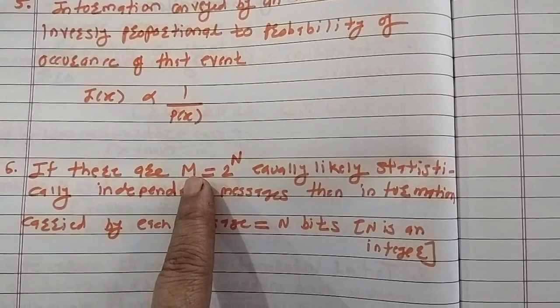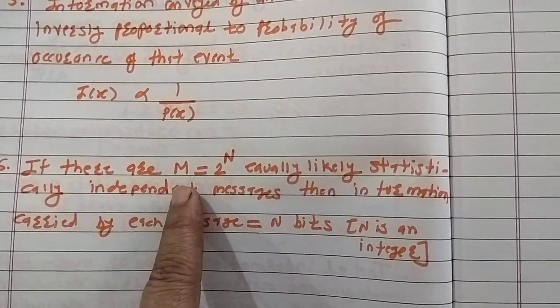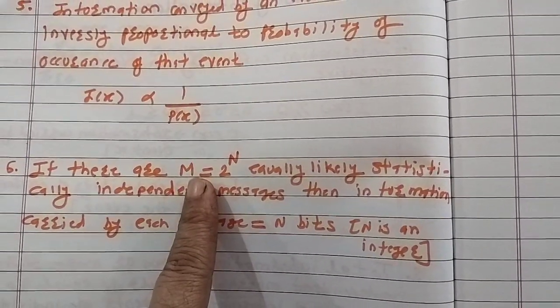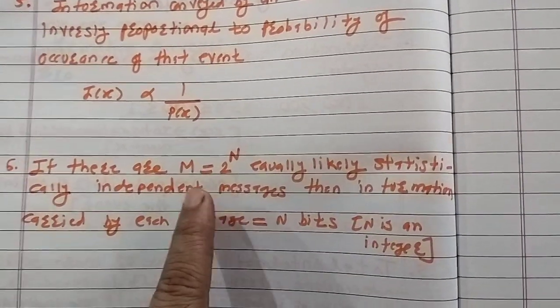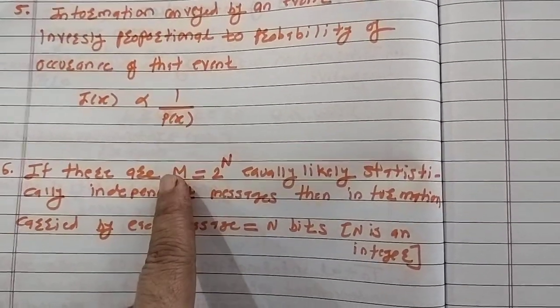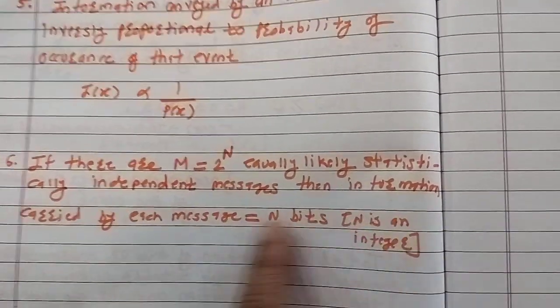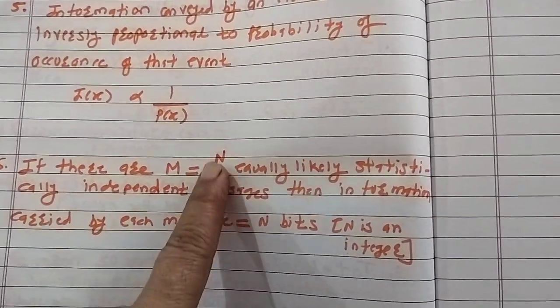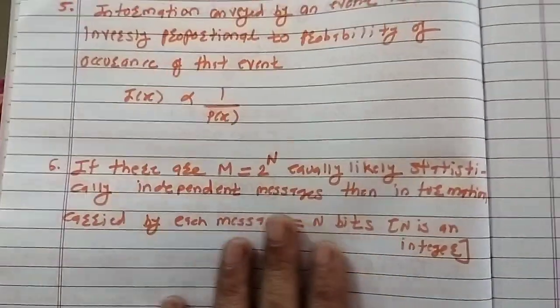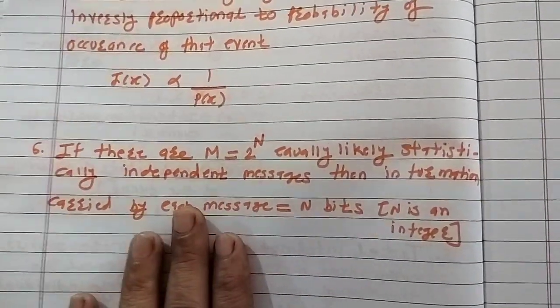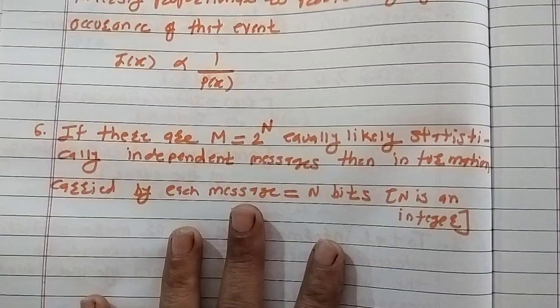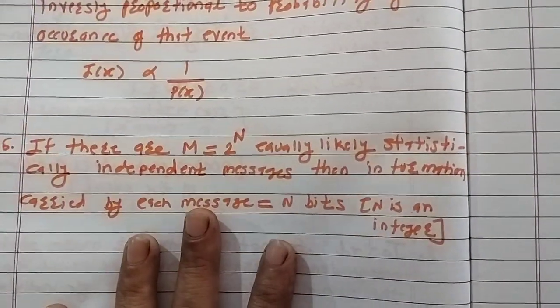If there are M messages, then their probabilities are 1 by M. If there are 8 messages, then each will have the probability 1 by 8. So 8 can be expressed as 2 raised to 3. Then the information carried by each message is equal to n bits, that means 3 bits. For understanding this point, we have taken one example on this channel. You can check that example also.